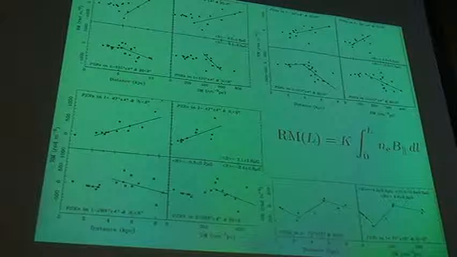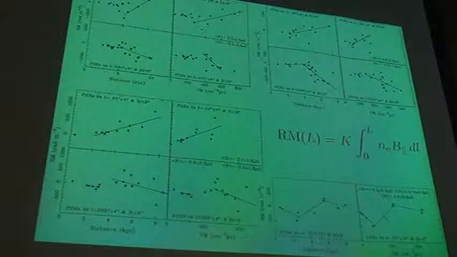But we are not interested in the value of RM in a given direction. We are interested in the contribution of this part of the field in this direction. Therefore, we should attach to each of these points an uncertainty resulting from the turbulent field. You have to filter out the noise.